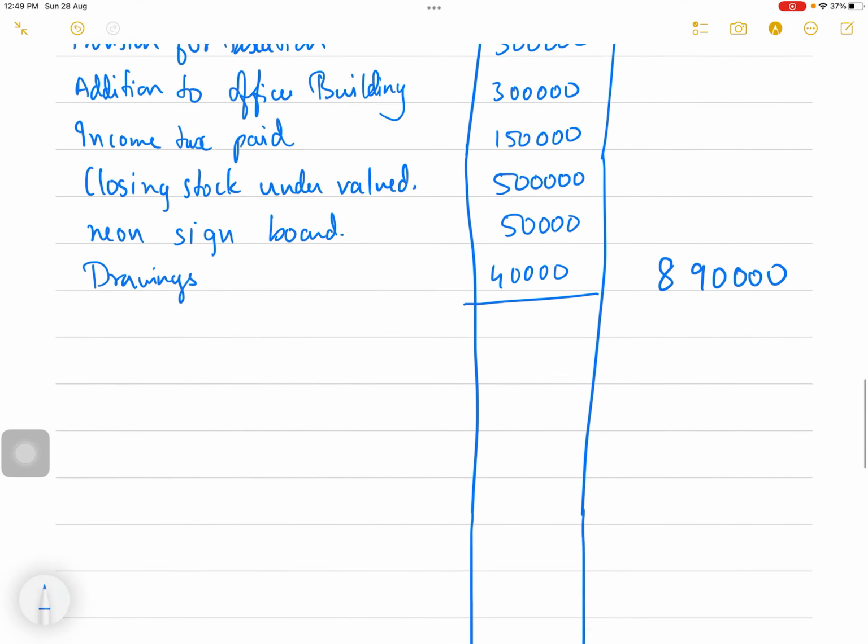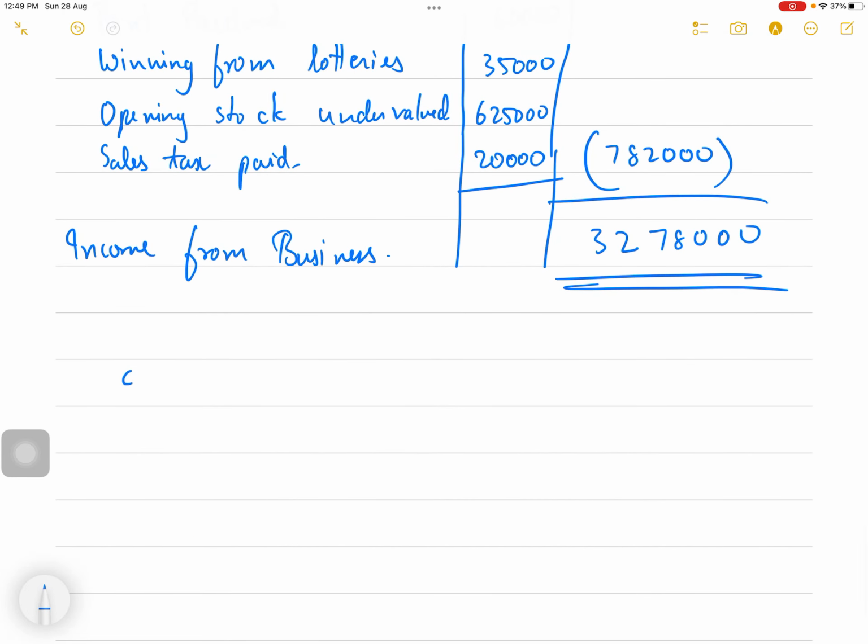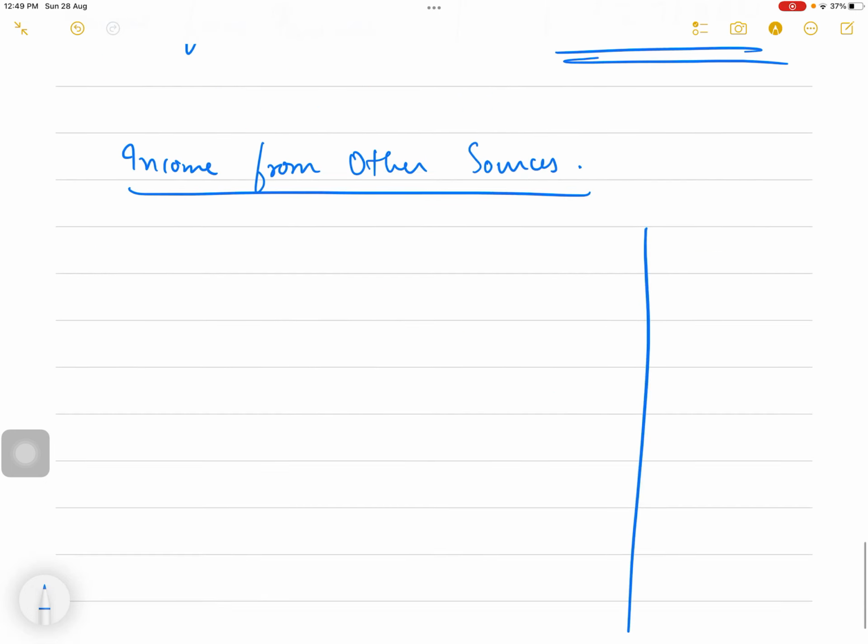Okay, so income from other sources. Two columns, particulars, amount.